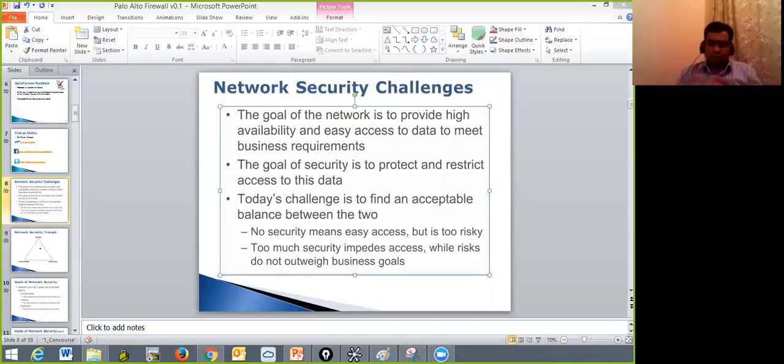These are all infrastructure. But the end goal, from a network security point of view, is that when you create a network, you need to take care of data protection and data restriction. So today the challenge is to find an acceptable level between the two. No security means easy access, but it is too risky.